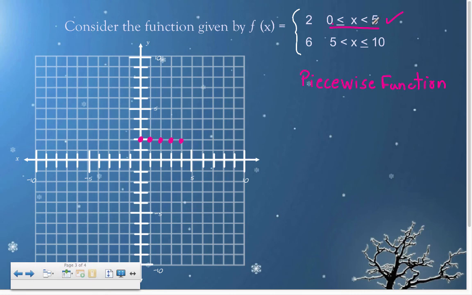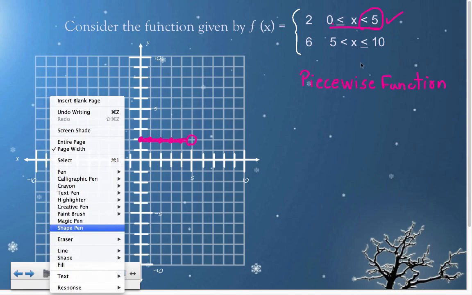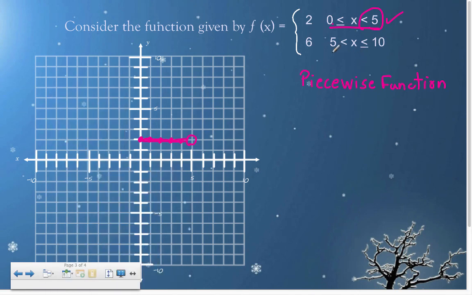But if I pick 5, notice there's no equal sign right here. 5 gets an open circle because any number from 0 all the way up to 5, I can't include 5, the answer is always 2. Now how about if I go from 5 to 10?